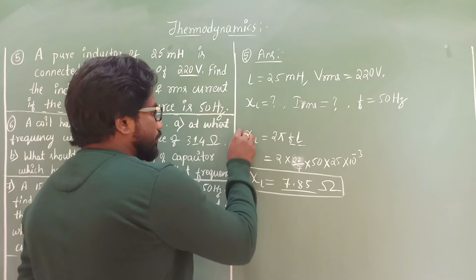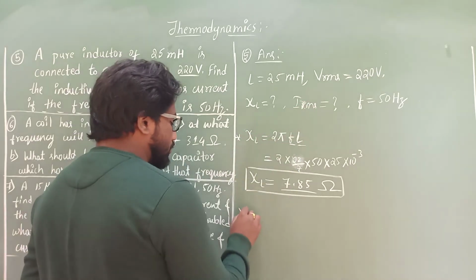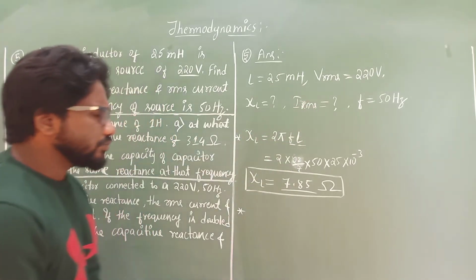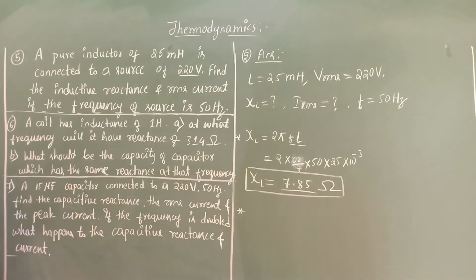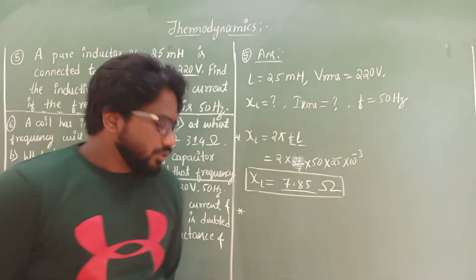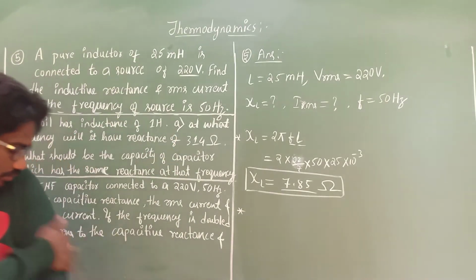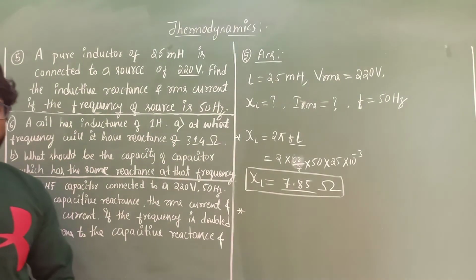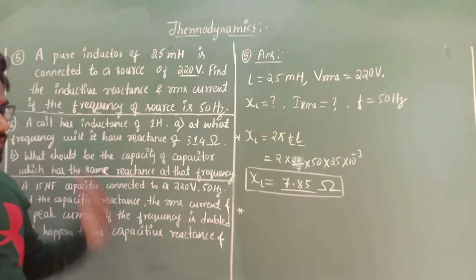Similarly, next we come to IRMS. What is the formula that we have for IRMS? XL equals Vrms by IRMS.